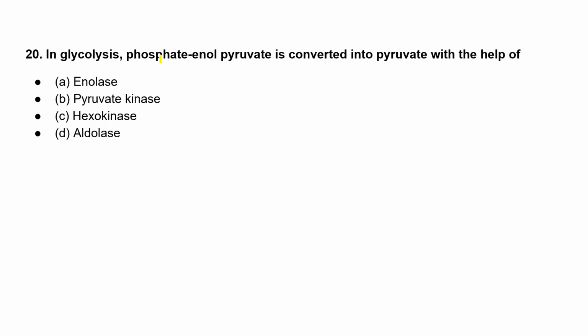So the last question is, in glycolysis, PEP is converted into pyruvate with the help of which enzyme? Phosphoenol pyruvate is converted into pyruvate, right, during the glycolysis process. Option A is enolase, option B is pyruvate kinase, option C is hexokinase, and option D is aldolase.